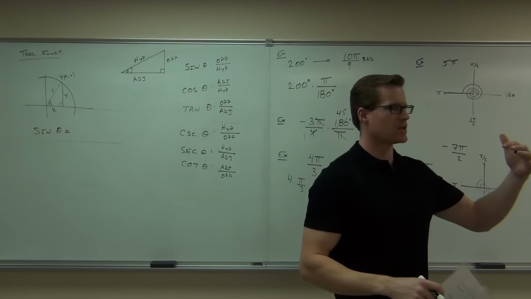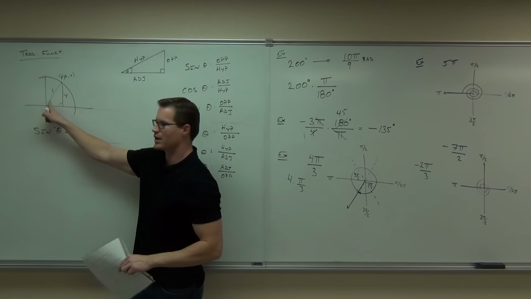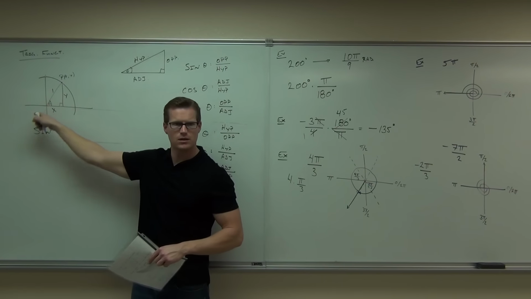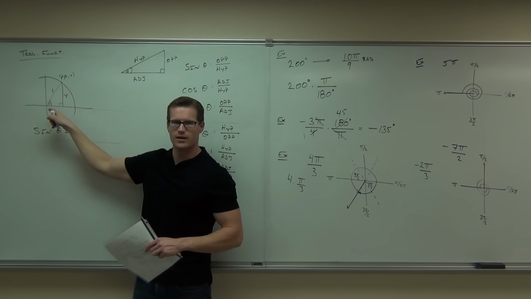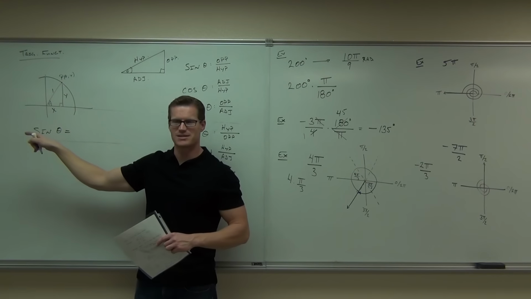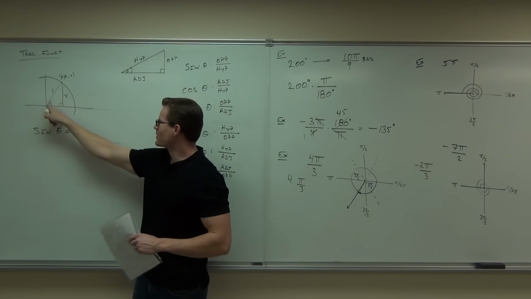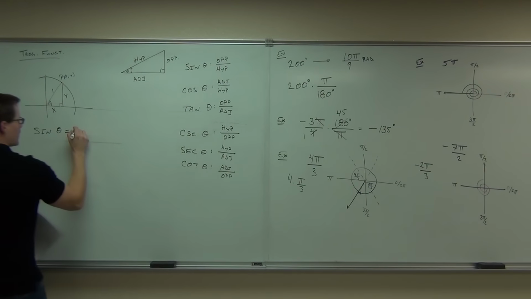Sine should be opposite over hypotenuse, right? That's what we define it as over here. What's the opposite to my angle? What is it? 1 over 1. Why? Oh, I thought you said 1. It's like, wait a second. We got to review some trigonometry a little bit here. Opposite. Okay, opposite is y over what? Sure. How much is y over 1?